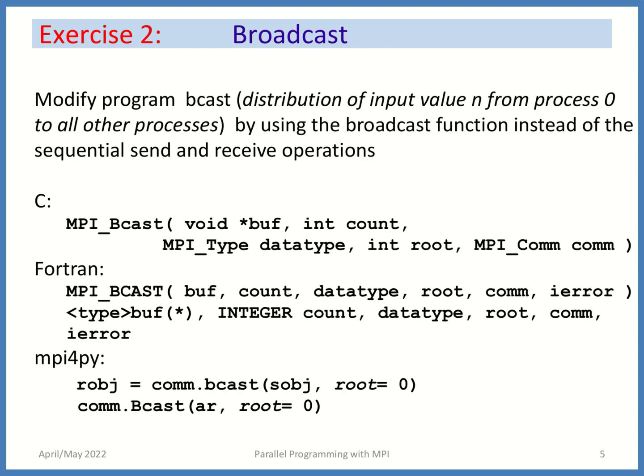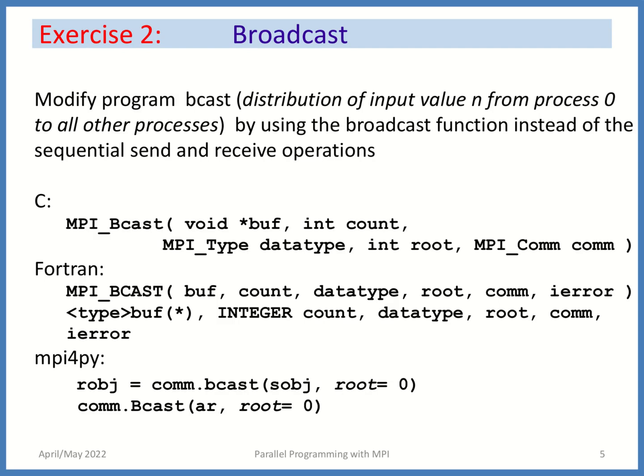This is the question, do we need a tag for the messages to broadcast? I think it's not necessary because, as I said, the broadcast is a collective operation, which has to involve all processes. And so there's no ambiguity in the message which has been sent. It must be the same message.